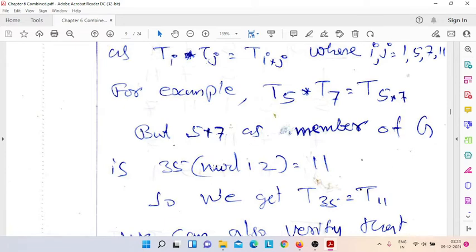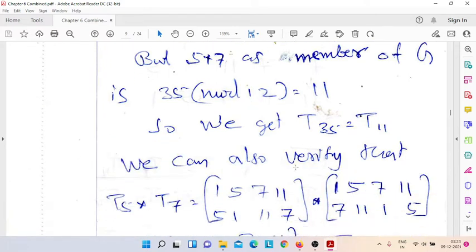It equals 35, but 35 is not a member of G. There is a number corresponding to this 35, and that is the remainder obtained when 35 is divided by 12, that is 11. So T of 35 becomes T11.